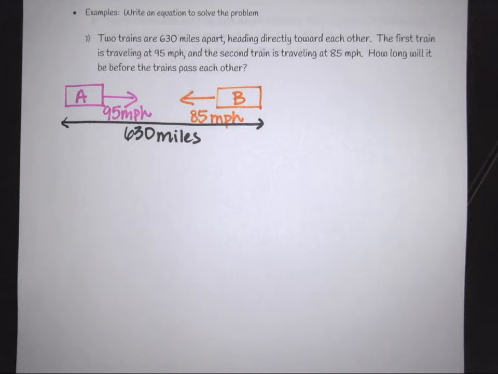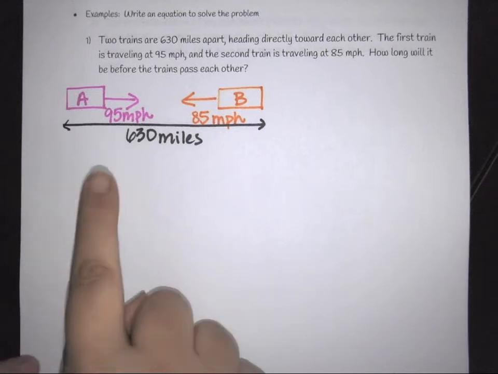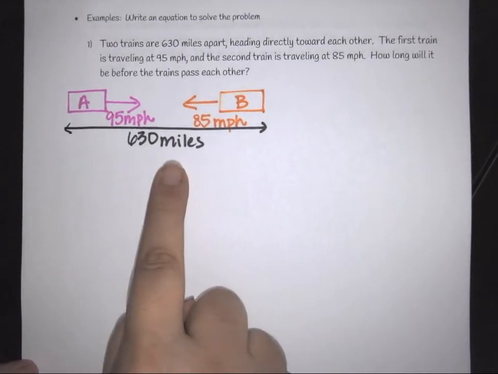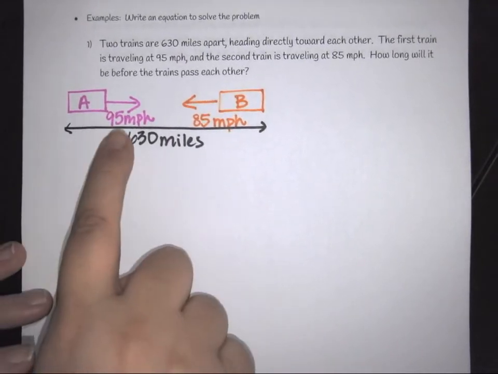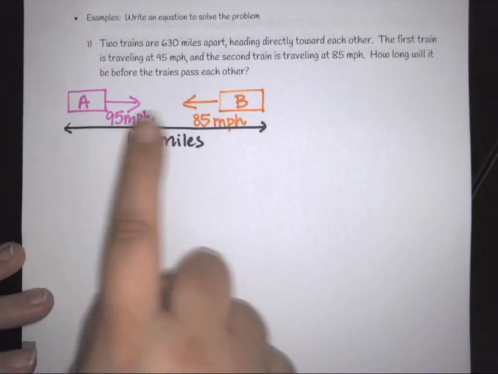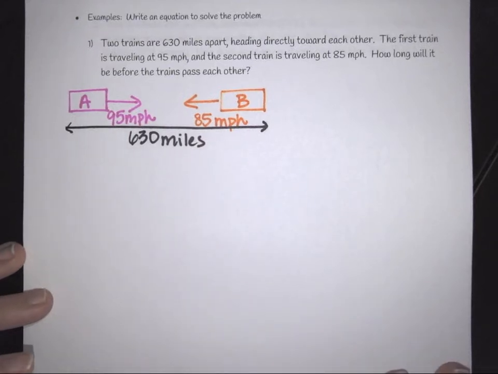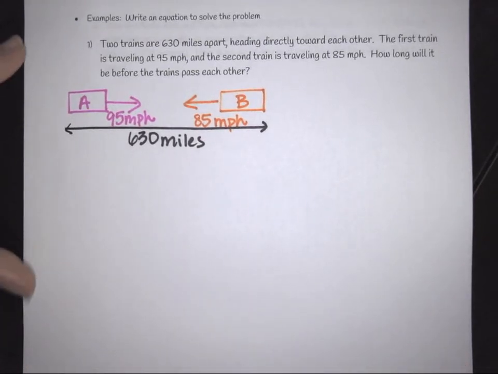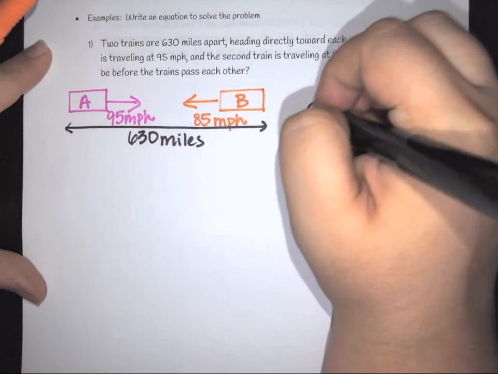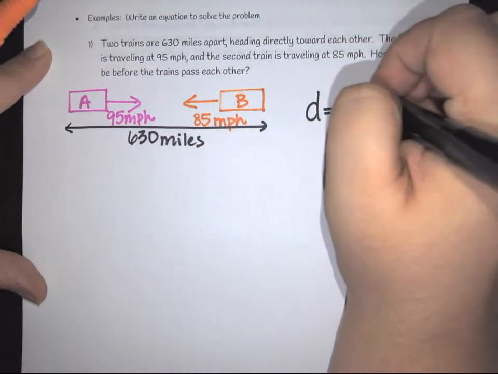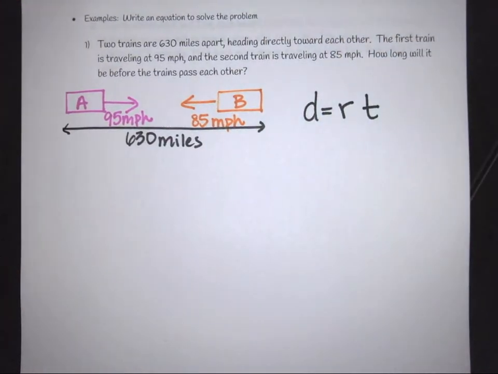So here I have a distance, 630 miles, and I have rates. I have the rate for my first train, so its speed is 95 miles per hour, and I have a rate for the second train, so its speed is 85 miles per hour. So this means that I have to use D equals RT as my equation that I have to start and work with.